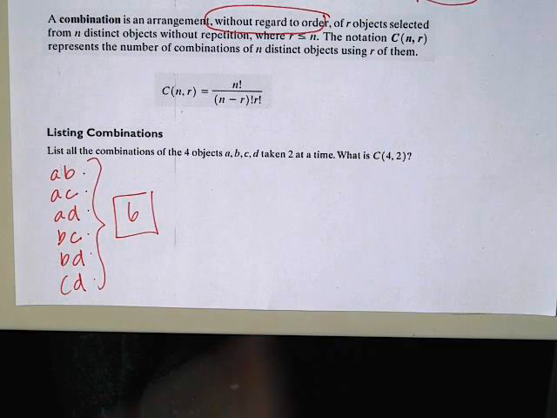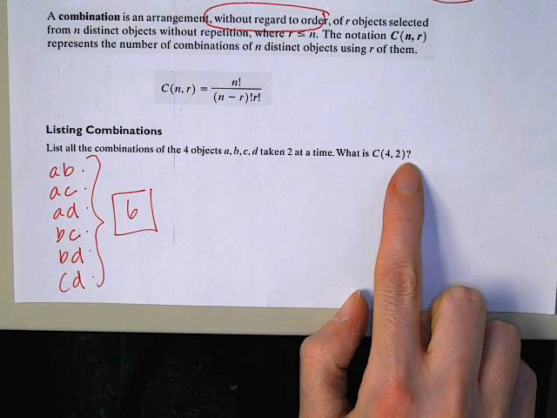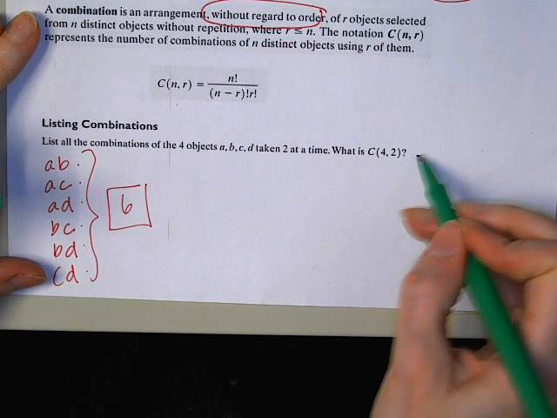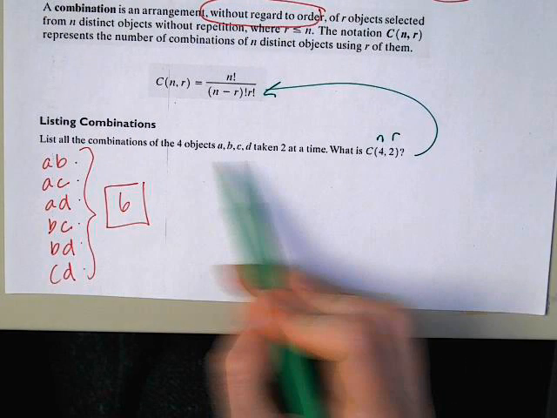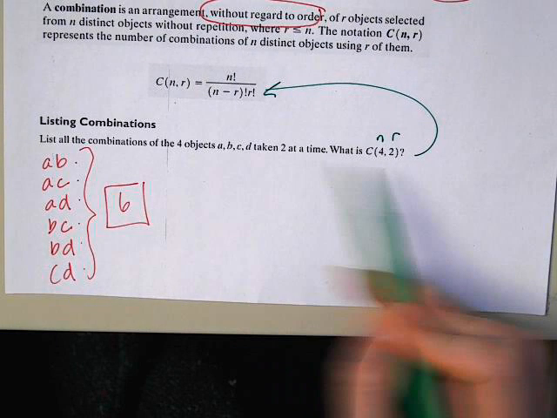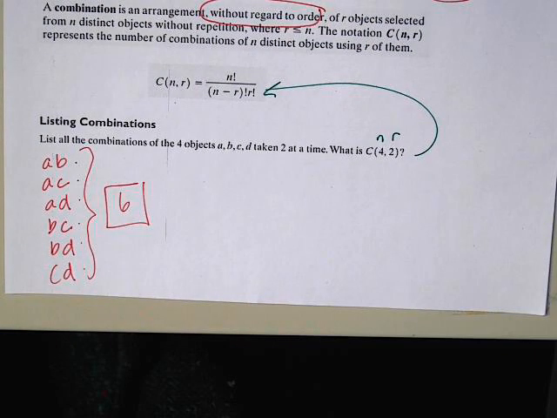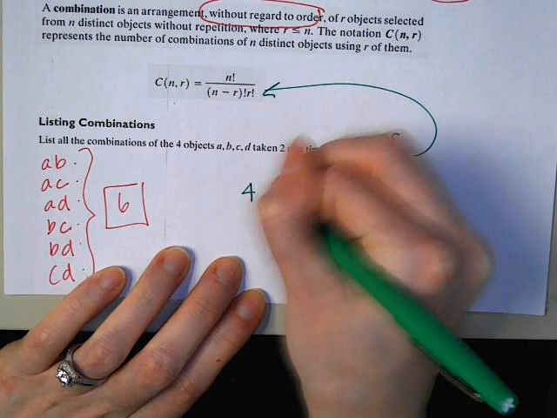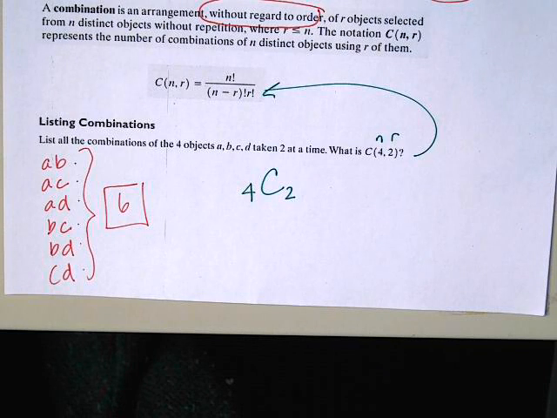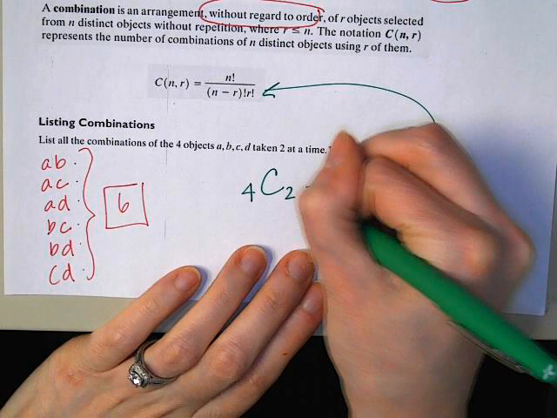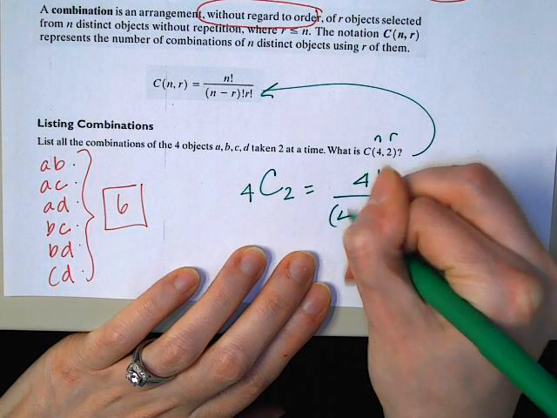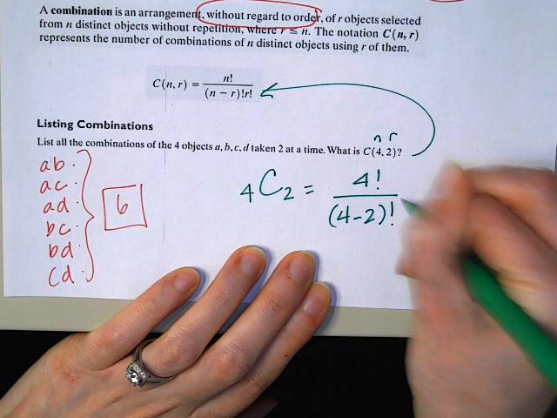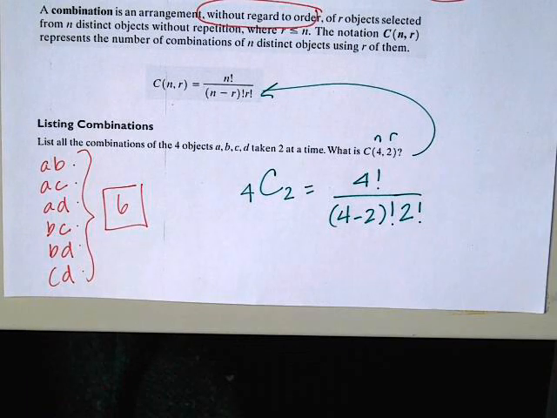Another way to do this is by using C(4,2). All right, so we can plug that in for n and r, because out of 4 objects, choosing 2 at a time, that would be 4 choose 2. So in the calculator, you could type this in as 4 choose 2, which is a new button, or you can use this formula, 4 factorial over 4 minus 2 factorial times an extra 2 factorial.